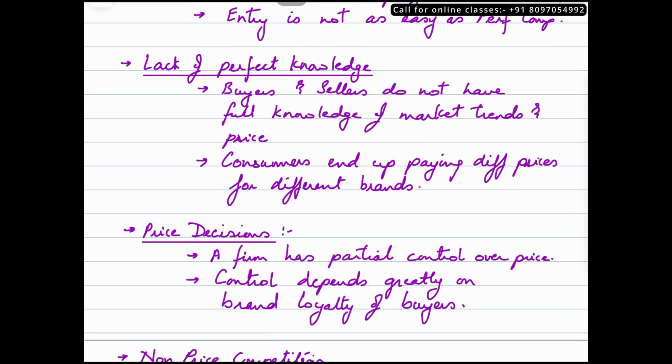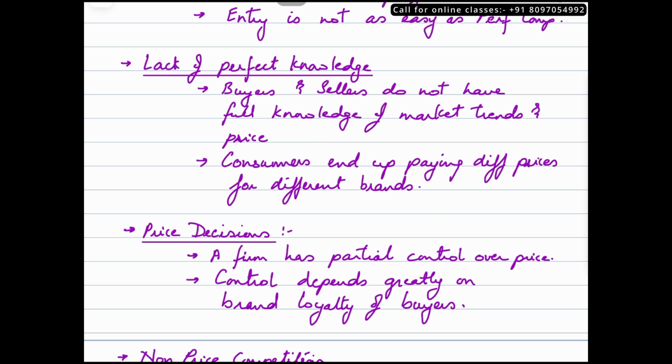The next feature is lack of perfect knowledge. So unlike perfectly competitive markets, buyers and sellers here do not have perfect knowledge with regards to the market trends, and hence it is possible for firms to charge different prices for their offerings, and consumers may end up paying different prices for different brands.